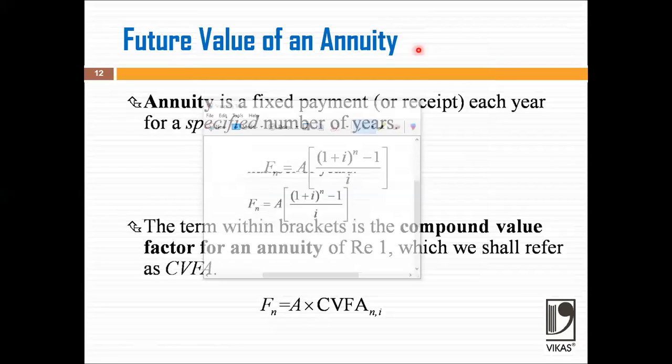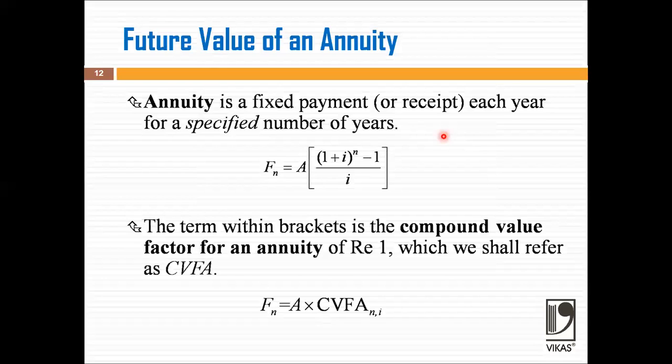So this is the formula. The term within the bracket is the compound value factor for an annuity of rupees 1, which we shall refer to as the compound value factor annuity. So earlier it was CVF, now it is converted to CVFA, compound value factor of an annuity, right?